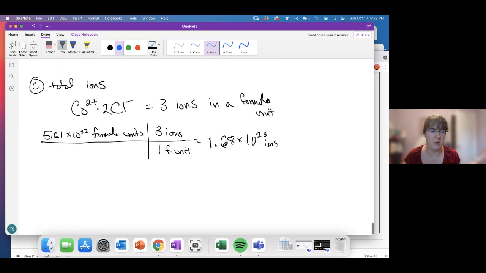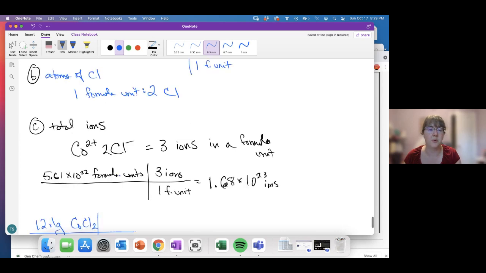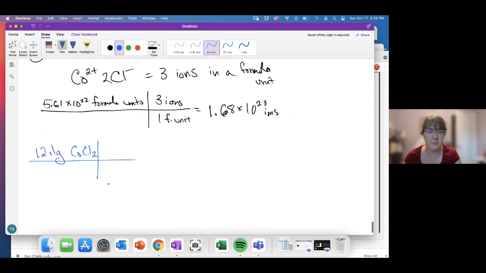So if I was trying to do total ions, you could have actually started off with that 12.1 grams of the whole thing, and then gone from grams to moles, scrolling back to grab my number, 129.83 grams in 1 mole of the whole thing, cobalt 2 chloride.